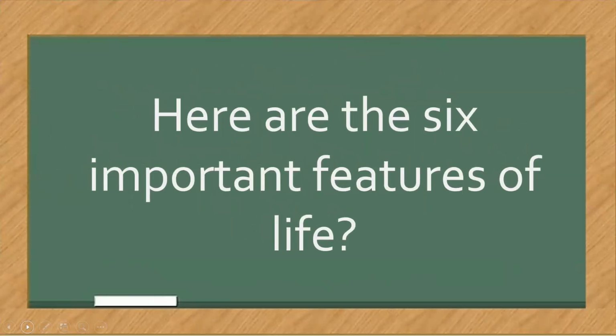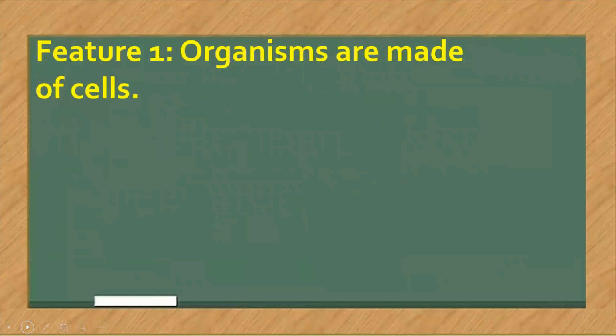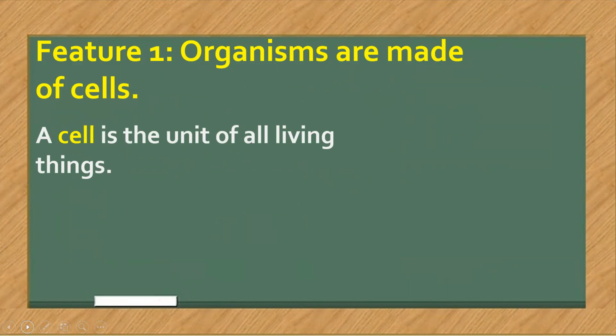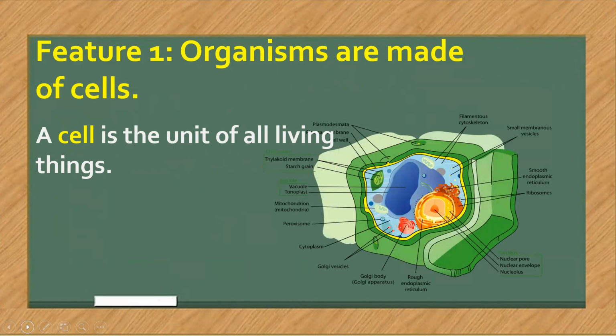Here are the 6 important features of life. Feature 1. Organisms are made of cells. A cell is the unit of all living things. Here is the structure of a cell.